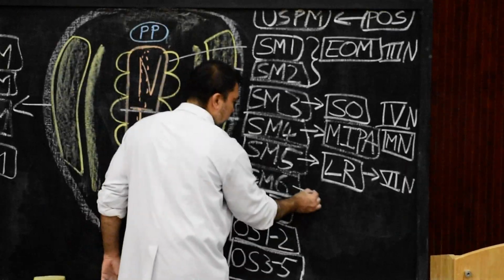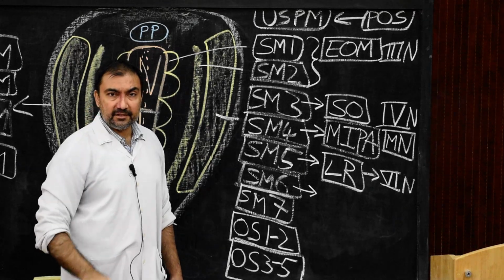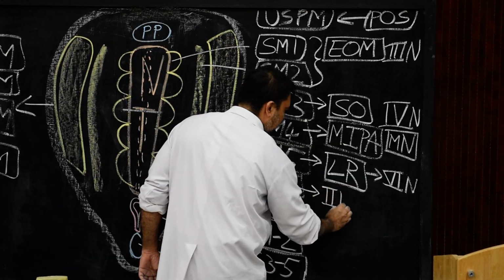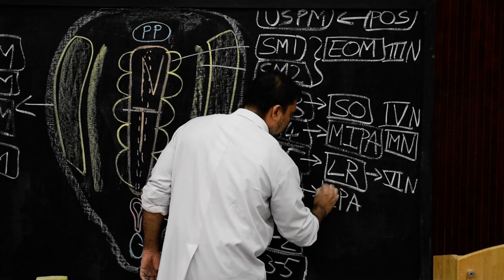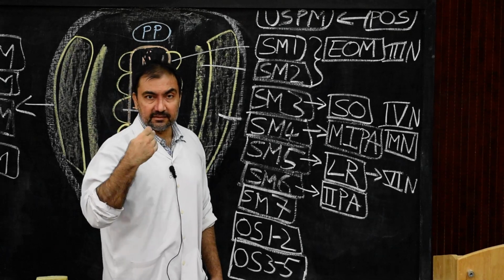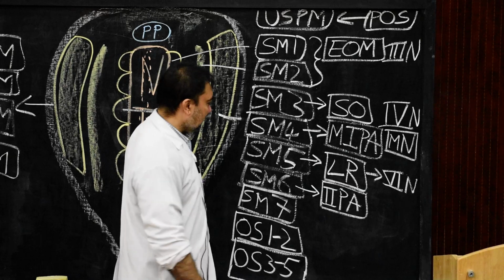Somatomere number 6, the entire structures develop from the 2nd pharyngeal arch. Which are the muscles which are developed from the 2nd pharyngeal arch? The entire muscles of the face, including the skull, develop from the 2nd pharyngeal arch.